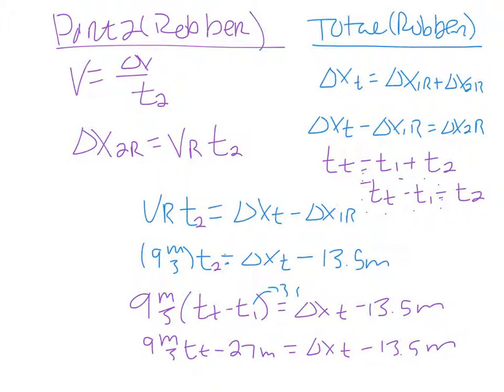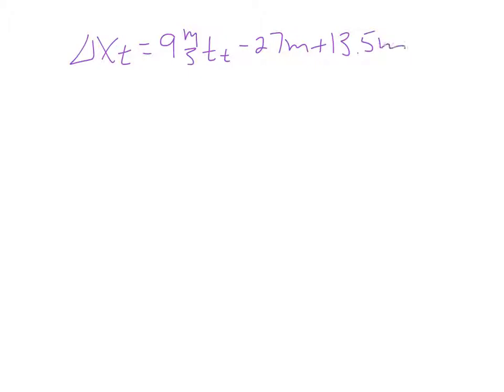We now have x total and t total, so I'm just going to isolate x total so it's all by itself. Delta x total equals 9 meters per second t total minus 27 meters plus 13.5 meters.